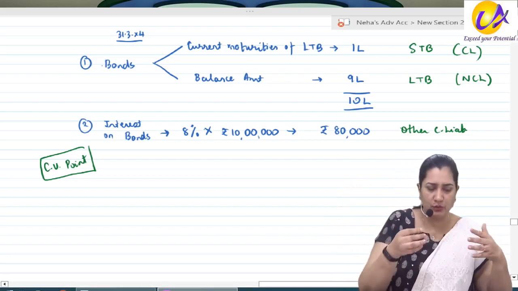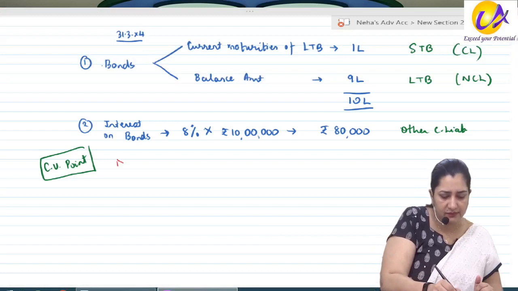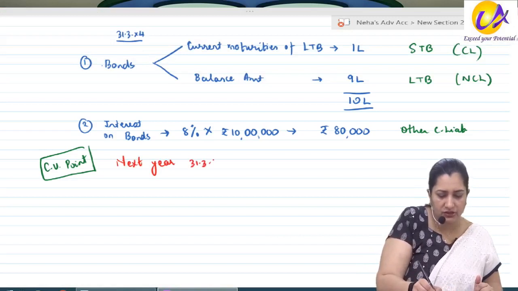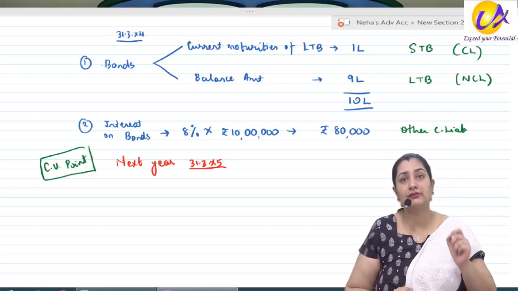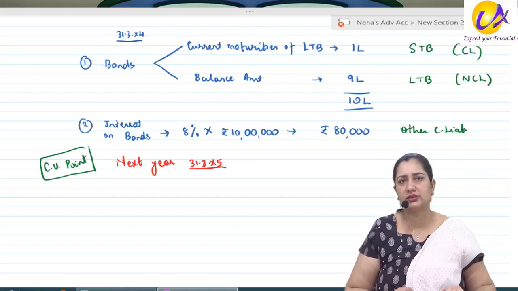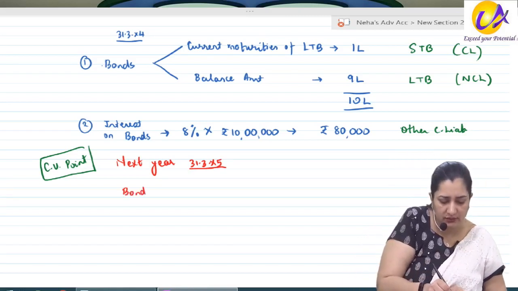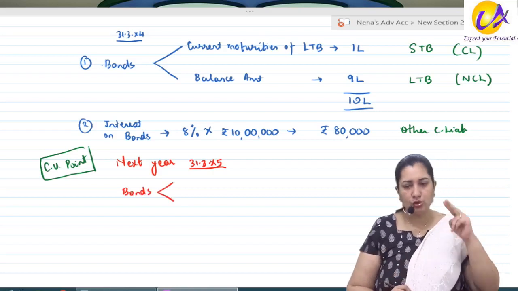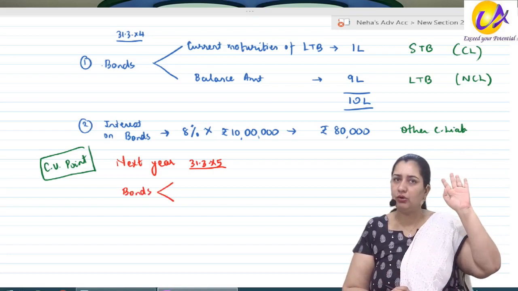For example, CU point in this sum. Next year, 31st March 5. How will things be on 31st March 5? If I want to think, how will I show this? So now next year bonds, out of 10 lakh, 1 lakh is already paid now.